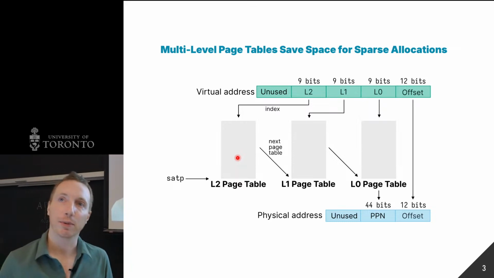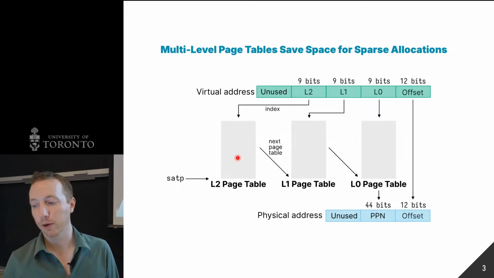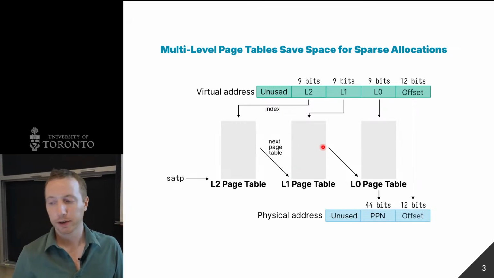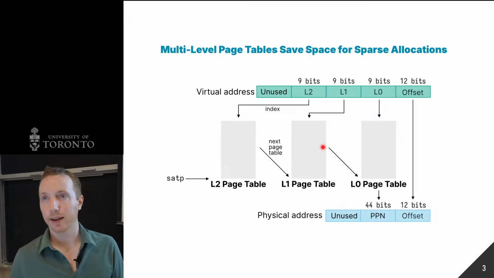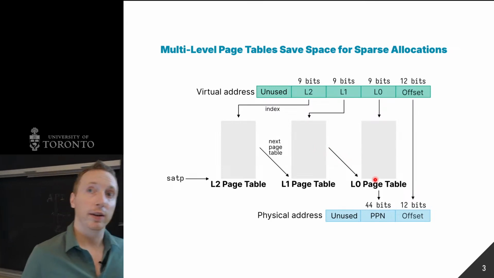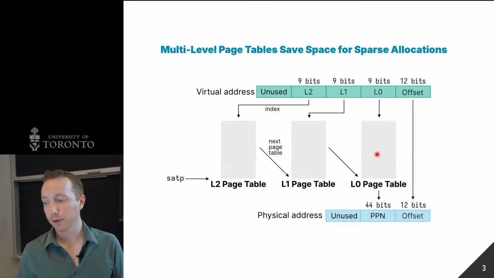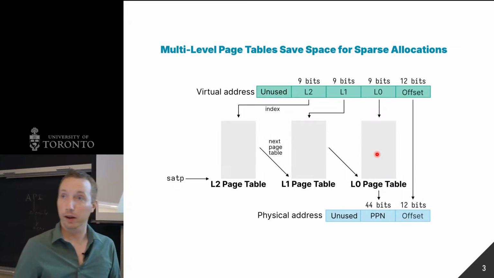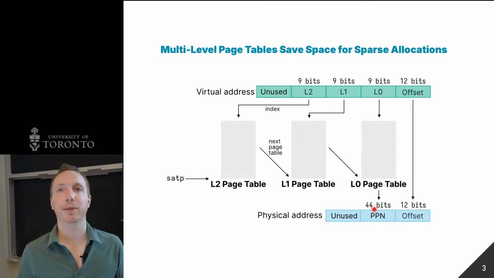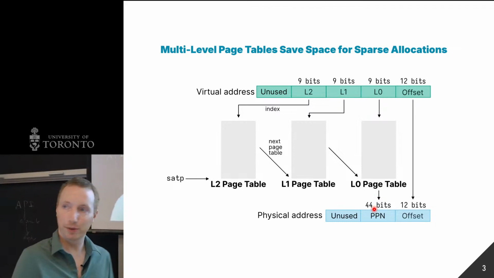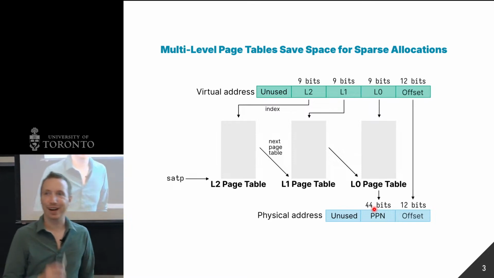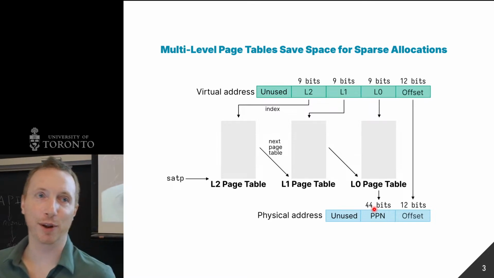Then I have to read that, figure out where I have to find the L1 page table, and access the entry there. That's another memory access. Then that tells me where the L0 page table is. Then using the index, I find which entry I have to look up. That is my third memory access. And then it finally tells me the physical page number that this virtual page number refers to, and that's my fourth memory access. So I have made my computer 4 times slower if I'm using memory.